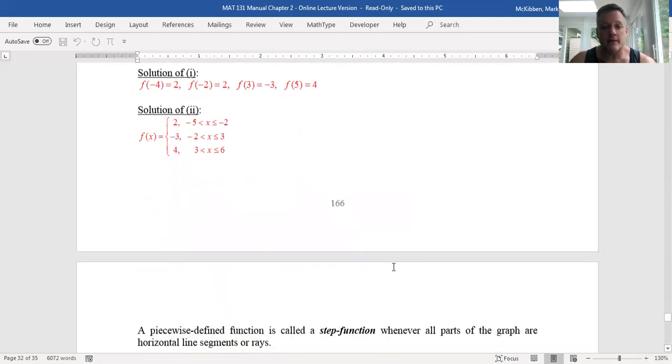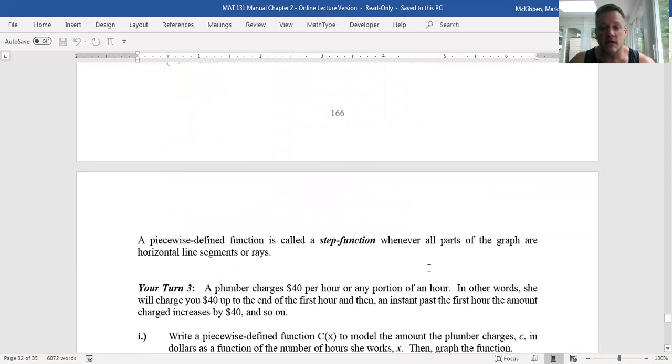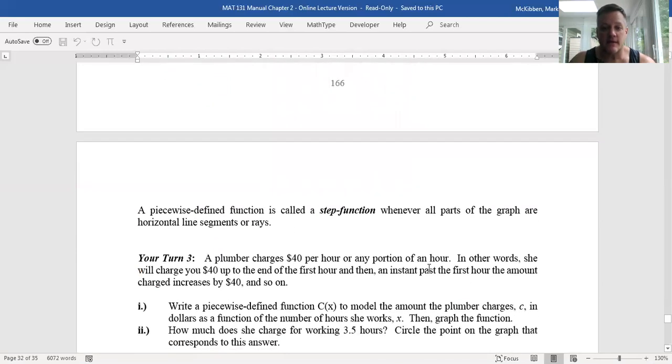All right, and then finally, let's take a look at this application problem, right? So step functions are basically piecewise constant functions that go up by a fixed amount each time for a fixed length of interval. So they literally look like a staircase, right? And they come up a lot with hourly rates, right?